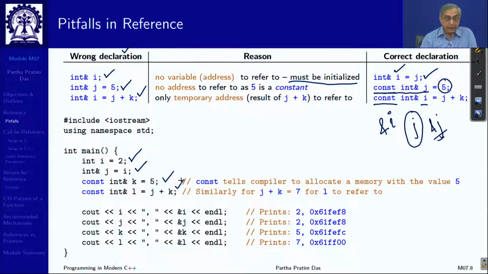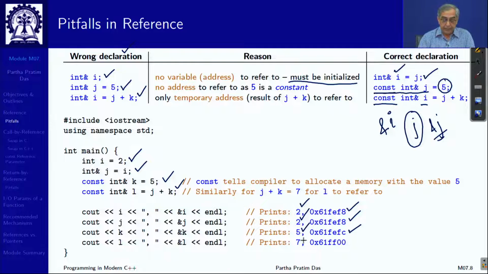So, when I print the addresses and values, I will see that if I print i, it is 2, print j, it is 2, they are aliases, and they necessarily share the same location. When I print k, I get the value 5, and I do have an address. Just 5 will not have an address, but here the compiler has specifically given an address to keep 5, which j is referring to actually, right.